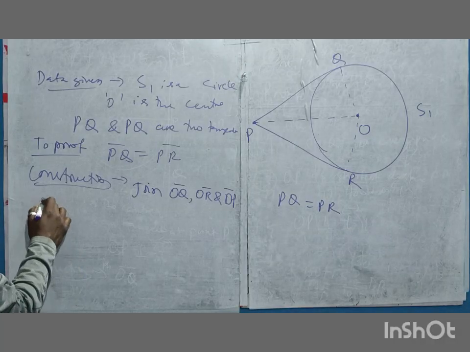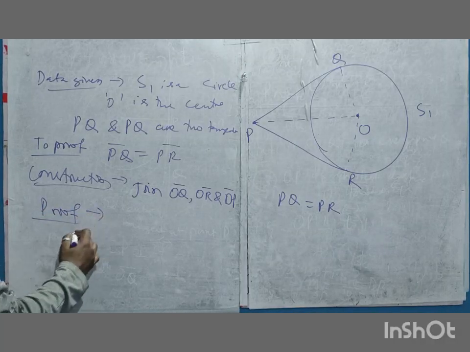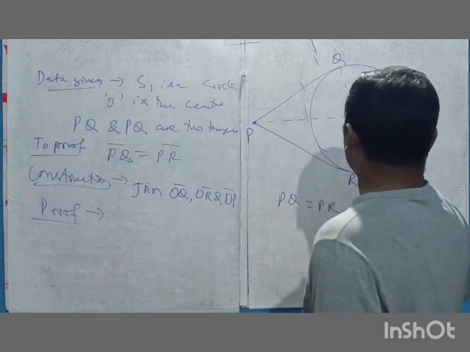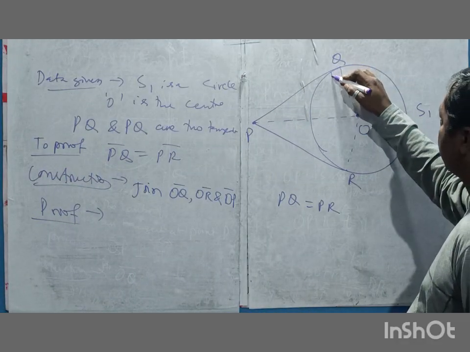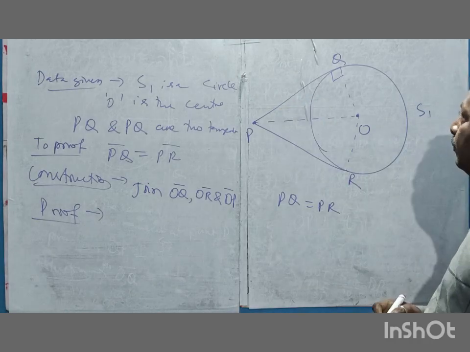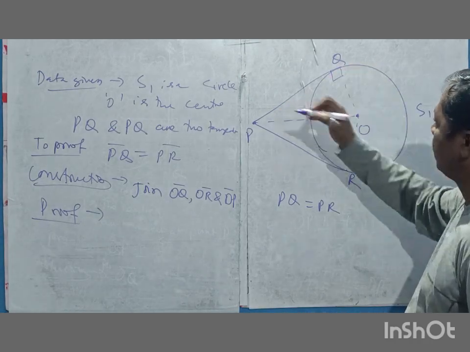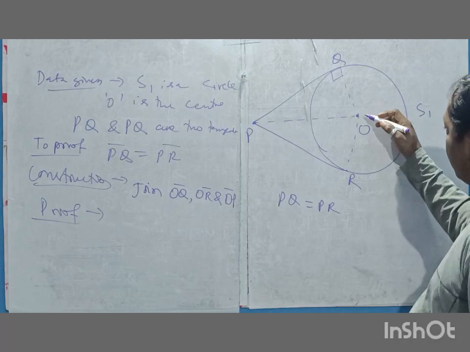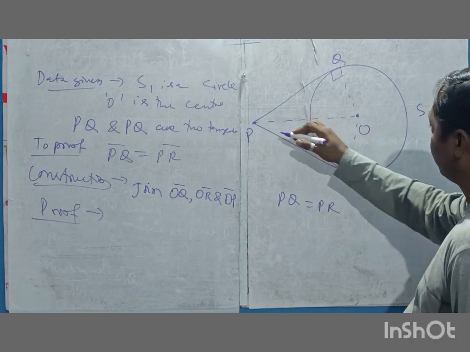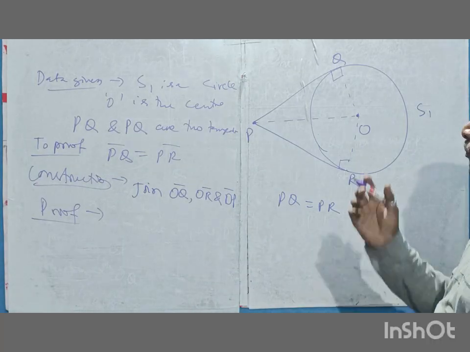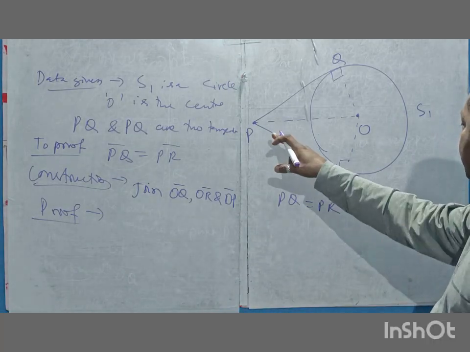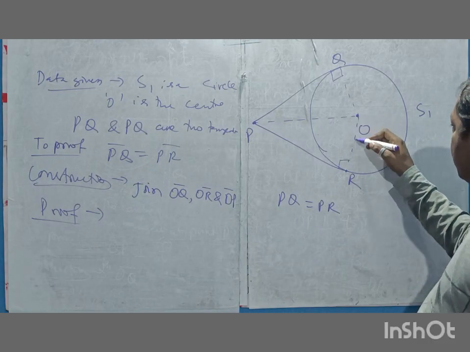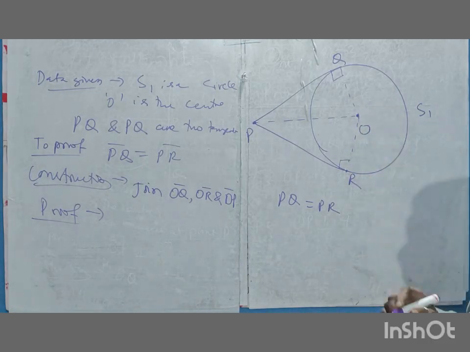Now the proof. You know that from 10.1, OQ is perpendicular to PQ. That means angle OQP is 90 degrees. Similarly, OR is perpendicular to PR by 10.1, because this is a tangent at point R and this is the radius that passes through that point.